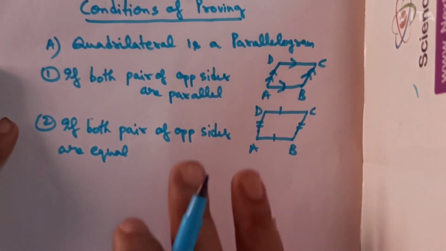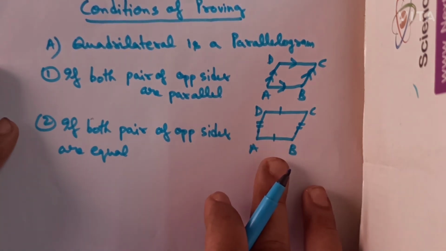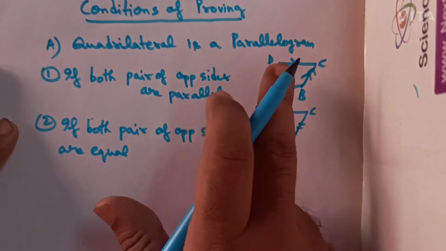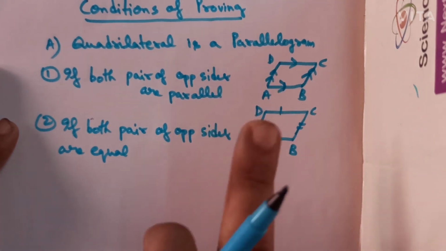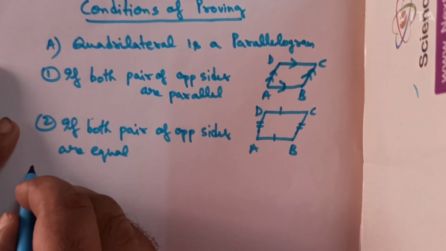We need not prove that they are parallel. If we have proved that both pairs of opposite sides are equal, then it is a parallelogram. Here we need not prove that they are equal. If we have just proved that both pairs of opposite sides are parallel, then it is a parallelogram.